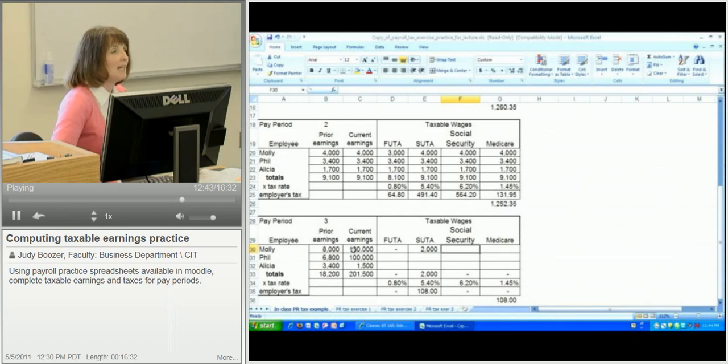If they then exceed the limit, this is what you do. You simply subtract the prior earnings from your limit, and that will be the amount that is taxable for the current.